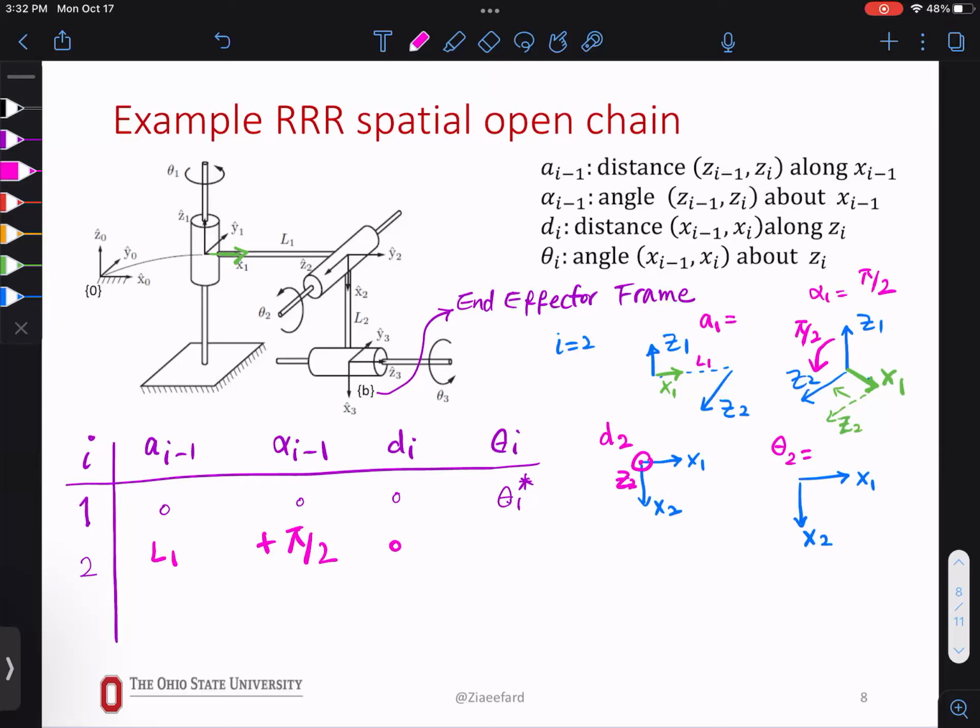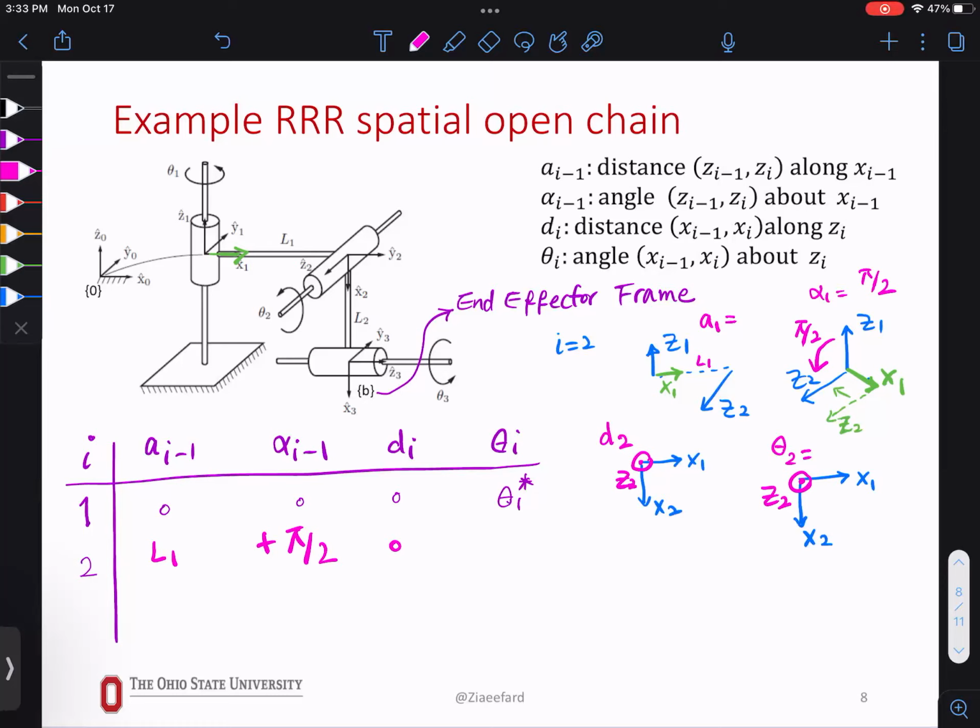This is the answer to your question, why theta star and theta are different, or why we bother. Theta i is the angle between X1 and X2 about Z2. Let's find out where Z2 is. This is our Z2, pointing outside, and we're trying to find the angle between these two. Now, this happens to also be a revolute joint.